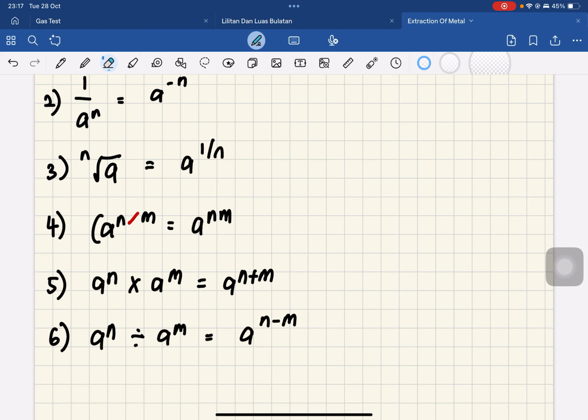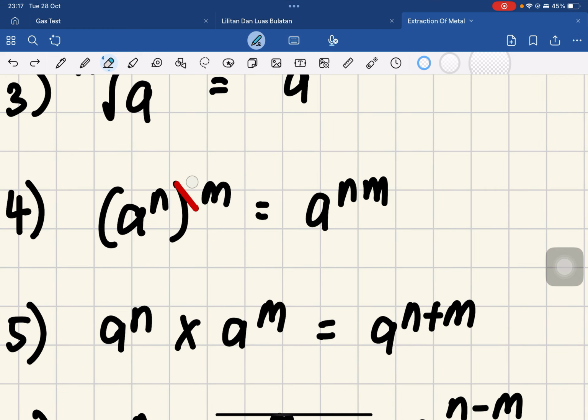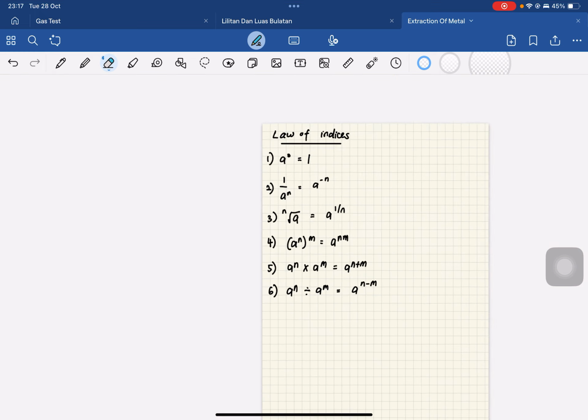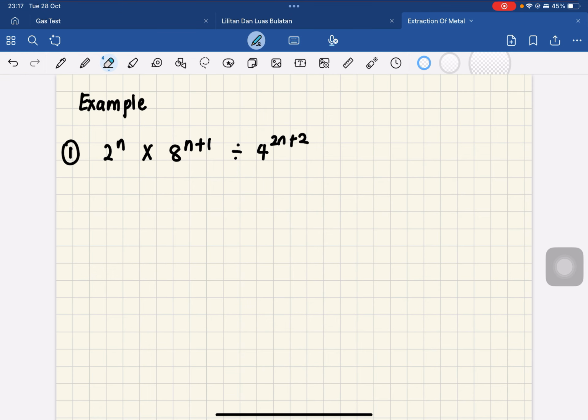So the first example would be, we need to simplify. Okay, simplify. If you see, first you have to look at the operation.